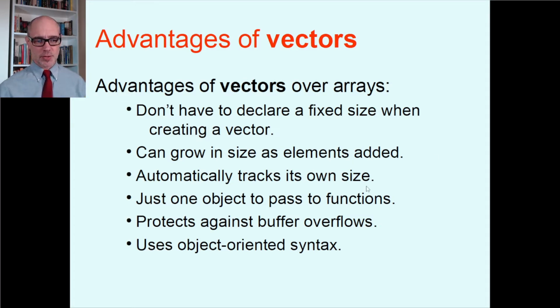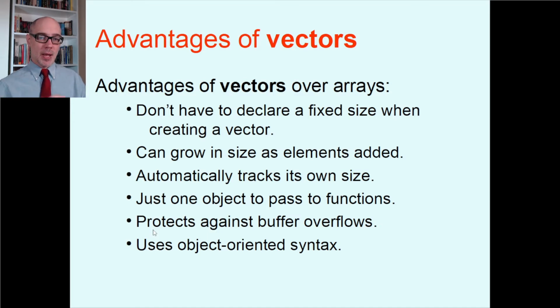Well, with vectors, the fourth thing here, now there's just one object to pass to functions because the vector is actually a package storing both an array and a size together, and now it counts as just one thing. So if you're passing a big amount of data into a function, you just pass the one vector, not the two separate things.